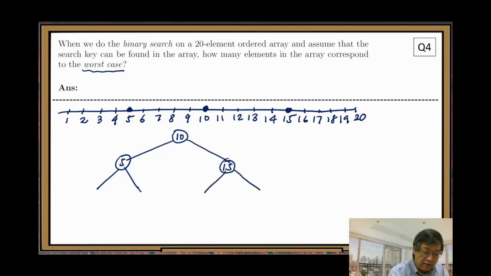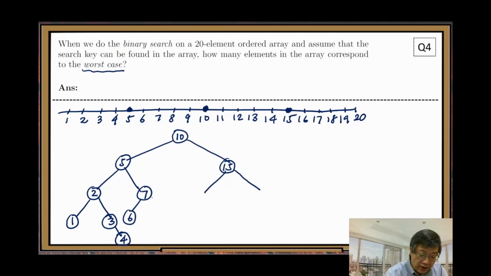Then 4 elements, so 2 should be here, the left median, with 1 below. Then 2, 3, 4: 3 is the left median, with 4 below. So 5, right-hand side, 4 elements: 7 is the left median, then 6.